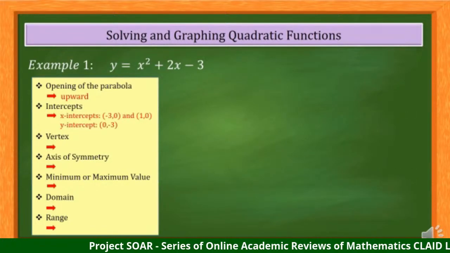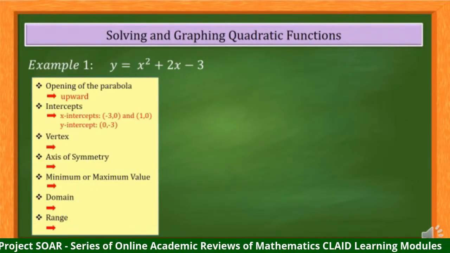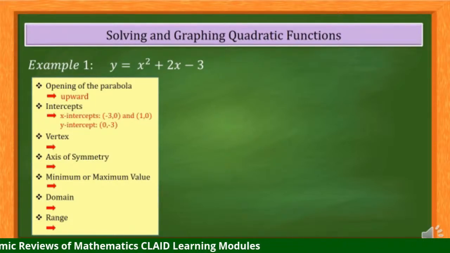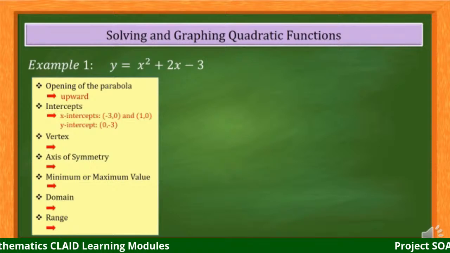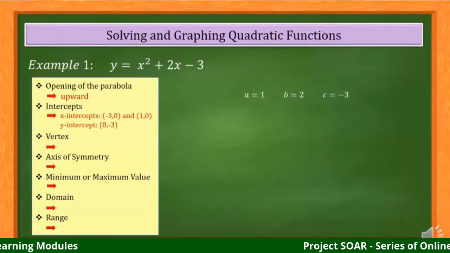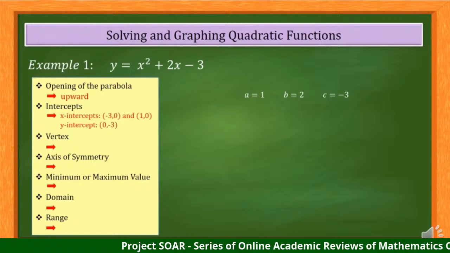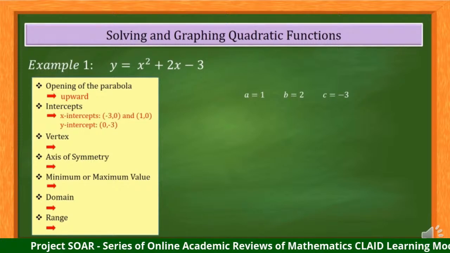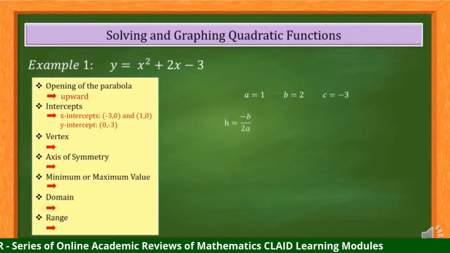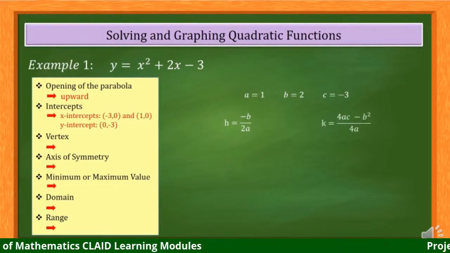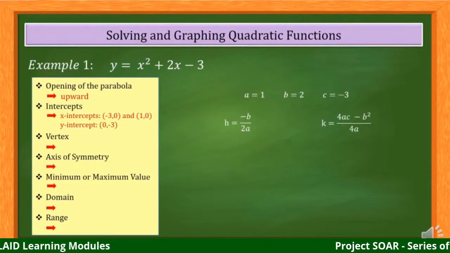The third one is the vertex. So to solve for the vertex, we need to identify first the values of a, b, and c. So yung value ng a natin is 1, b equals 2, and c is negative 3. Then, gagamitin na natin yung formula na h equals negative b over 2a and k equals 4ac minus b squared all over 4a.